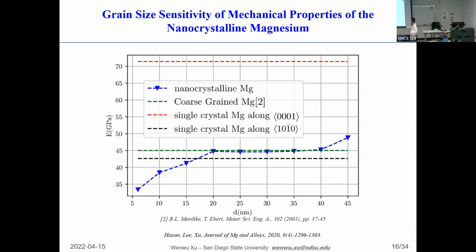However, what is interesting is when the grain size is small enough, the elastic modulus is significantly decreasing, which suggests there was a softening effect of the metal when the grain size is small enough, which is also what people observed in the experiments. When the grain size is extremely small, there is indeed a reduction of elastic modulus of the metal.